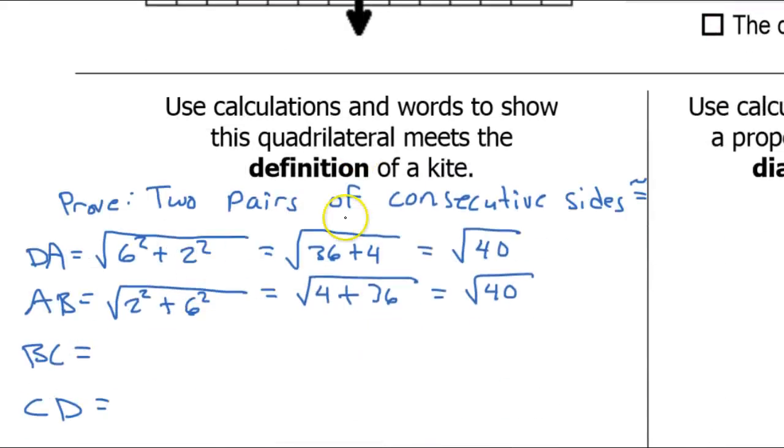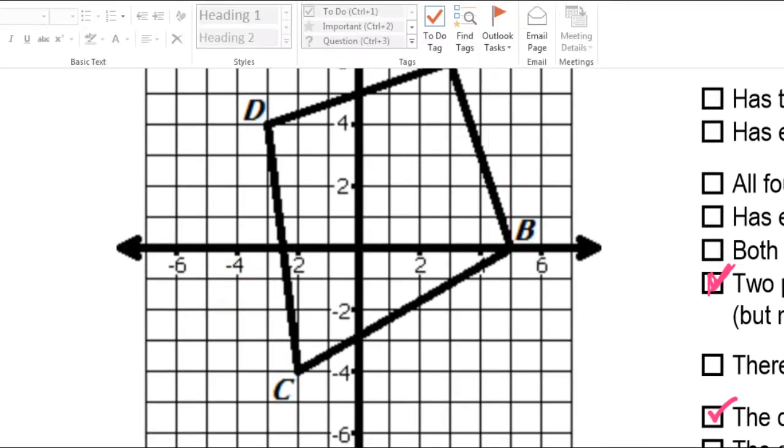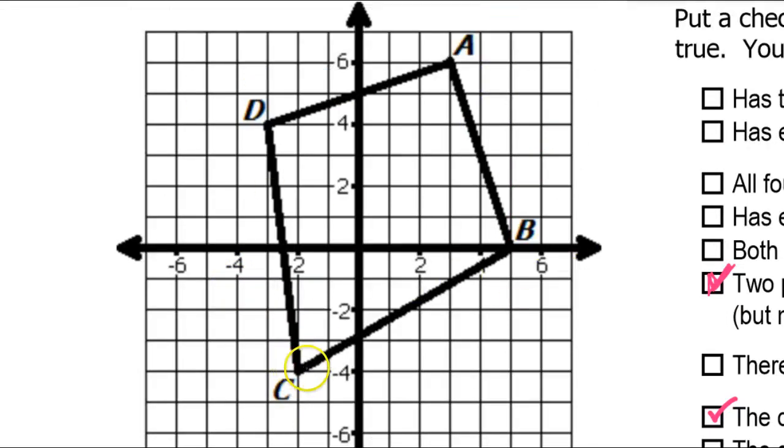But let's keep going. Let's go on to BC now. All right, so here's BC. So here's my right triangle. So this is 7 down here, and this is 4.